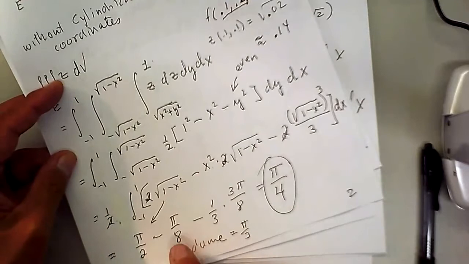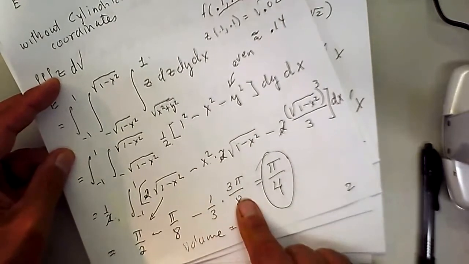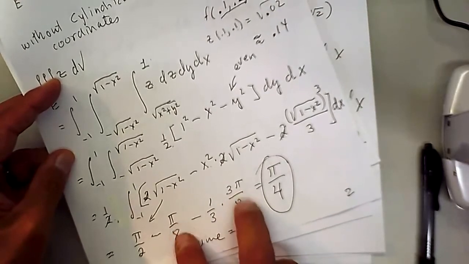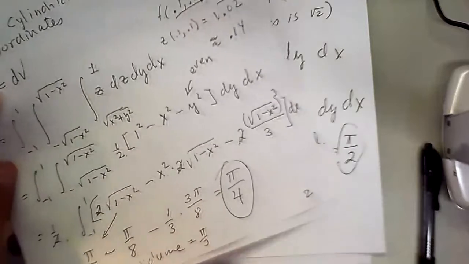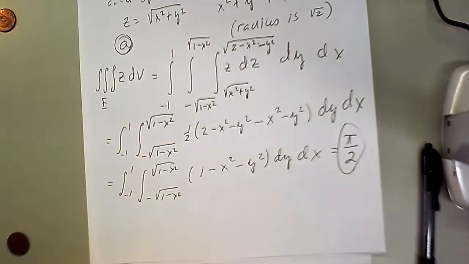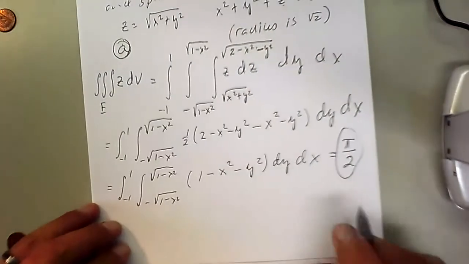It took us a page to find this value, and it took us another page to find this value. So there's 2 pages of work going on here. So when I jump to here, we're actually skipping about 2 pages of work. All right.